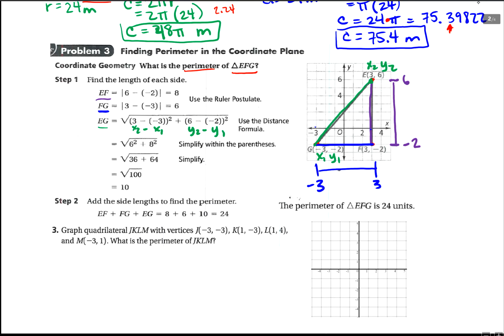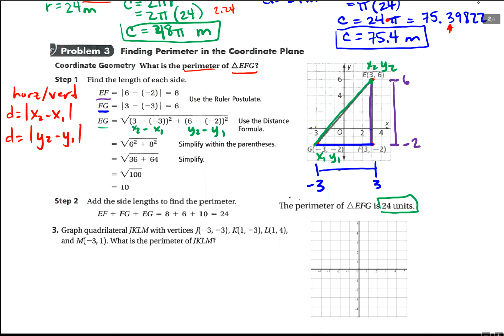And then we simply add them all together, and the perimeter of triangle EFG is 24 units long. So some things to remember here. If we have horizontal and vertical lines, the distance is the absolute value of x2 minus x1, or the absolute value of y2 minus y1.